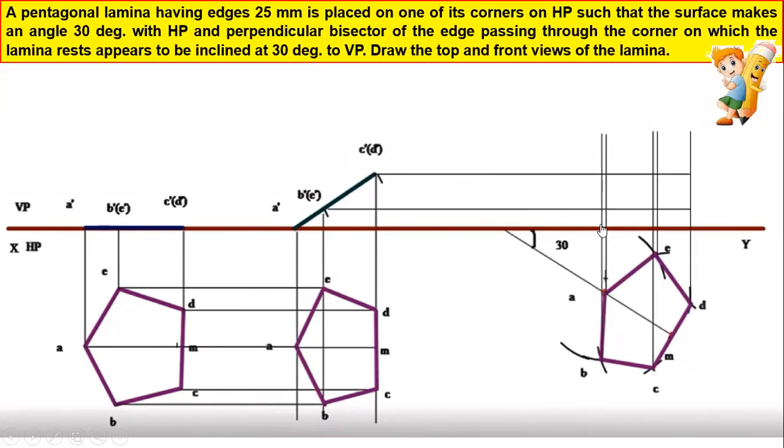B and B dash will be the point B dash. C and C dash will be the point C dash. D and D dash will be the point D dash. E and E dash, again connect to A dash. Now name it A dash, B dash, C dash, D dash, and E dash.